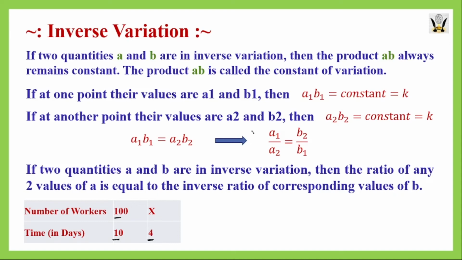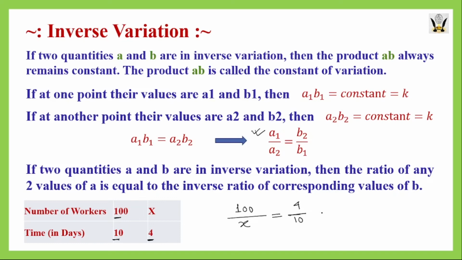So this is the relationship that we will be using. First we will take the ratio of A1 and A2. So 100 is A1 and A2 is not known to us, so that has been assumed as some variable X. So it will be A1 by A2, meaning 100 by X, that will be equal to B2 by B1. So first we take the value of B2, the corresponding value is 4, and then B1 which is 10.